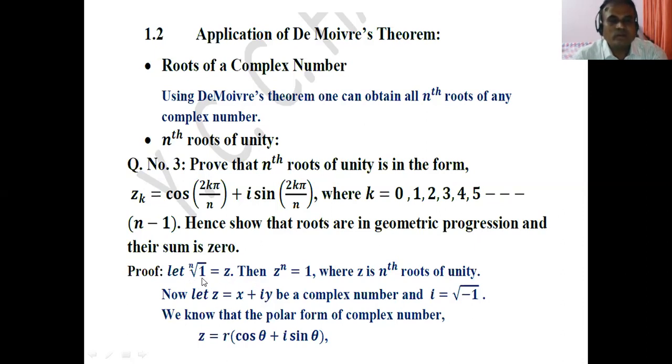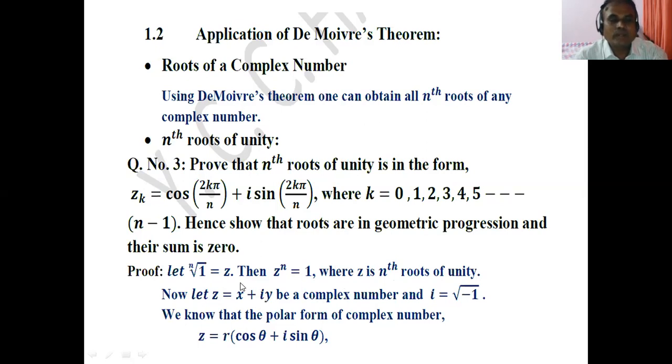Then we take the nth power of both sides, and this equation becomes z raised to n equal to 1, where z is the nth root of unity. Now z is a complex number. Let z equal x plus iy, where i equals root minus 1. So this is a complex number.